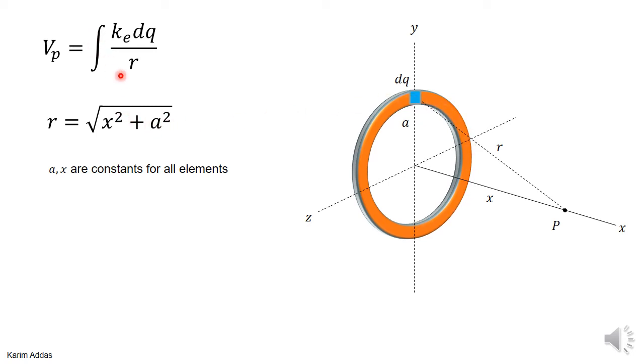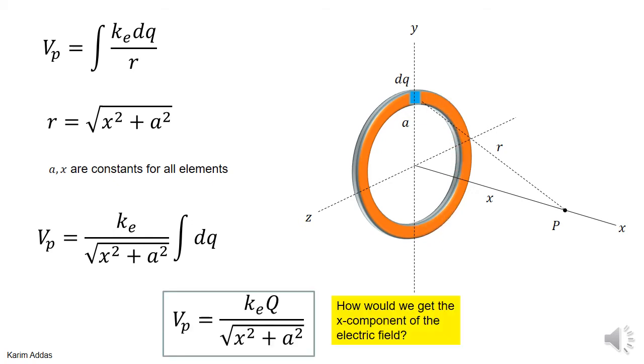So doing this integration, we take the square root of x squared plus a squared outside of the integration. So you're left with the integration of dq. What's the integration of dq? You're basically adding all the charge of the ring. But we know what the total charge of the ring was. It just turns out to be big Q. So the potential at point P is just KeQ over the square root of x squared plus a squared.